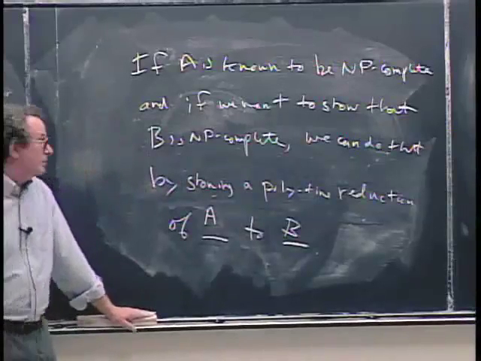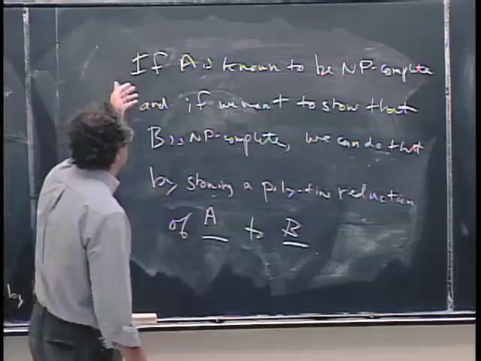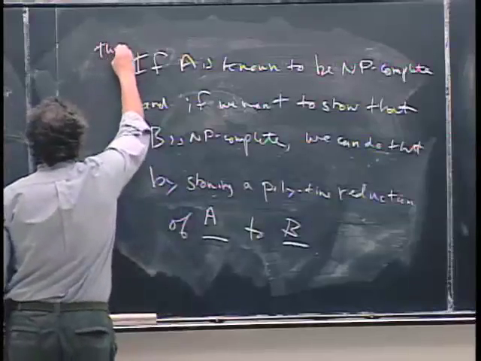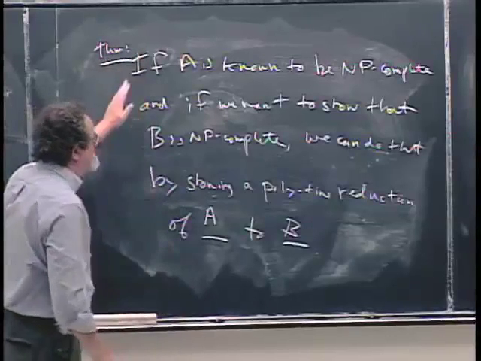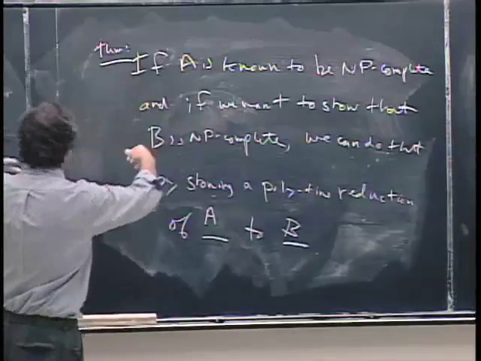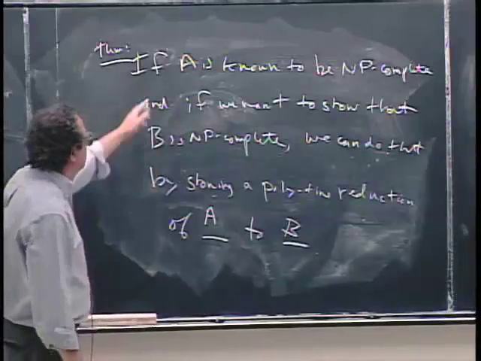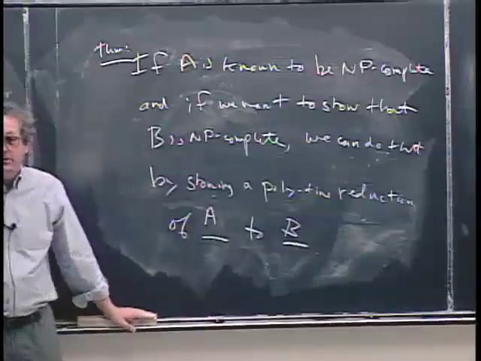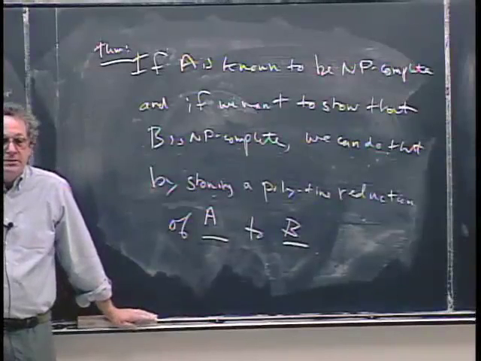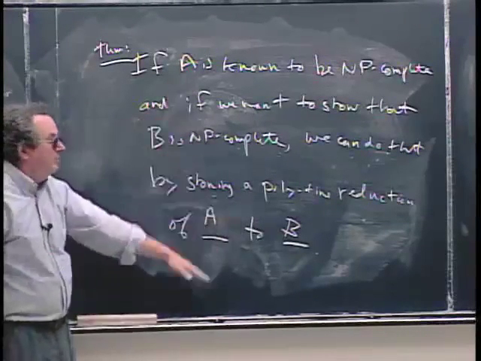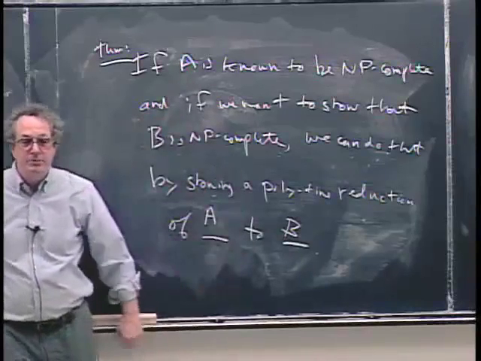And the logic of this is, well, all these things are basically the same thing, and you just have to convince yourself of the structure of this particular statement. And so this is how in practice we prove that problems are NP-complete.